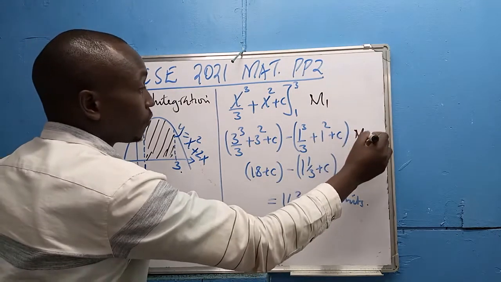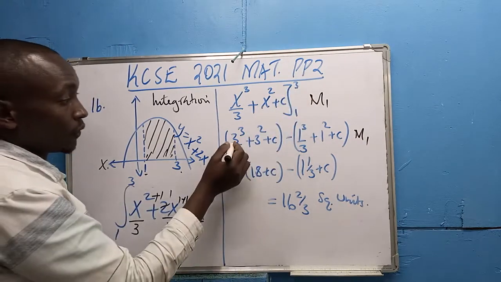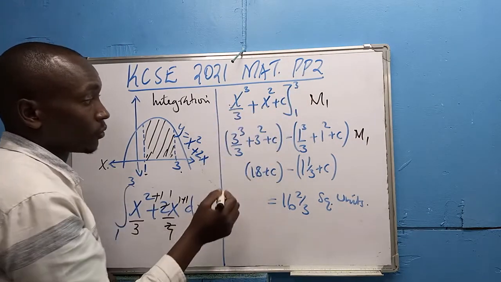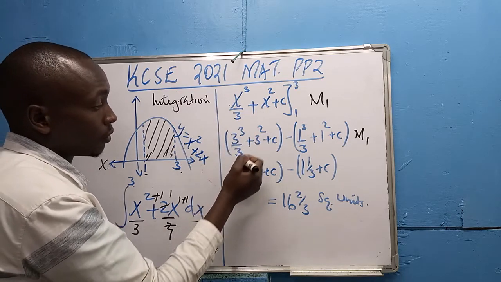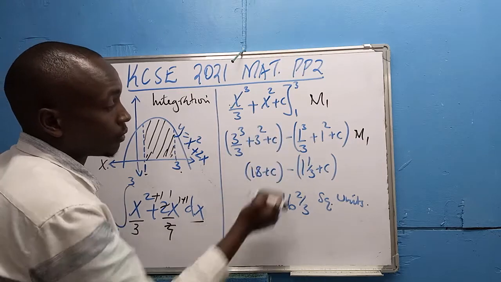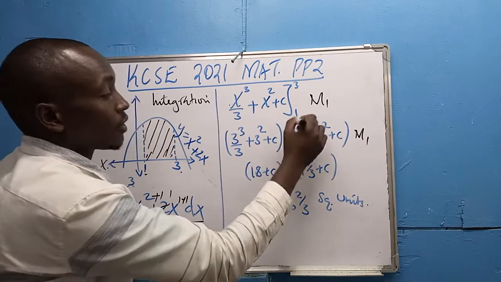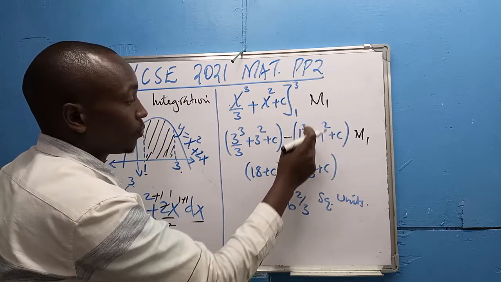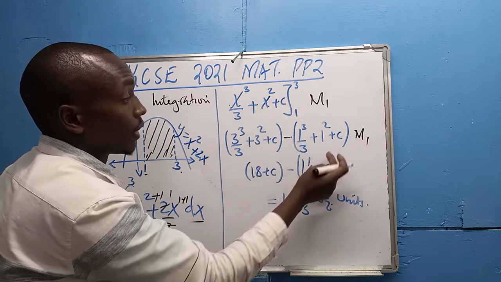The next mark is for substituting. The upper limit, you substitute into the values of x. So 3 cubed over 3 plus 3 squared plus c, that is the upper limit, minus the lower limit, 1 cubed over 3 plus 1 squared plus c.